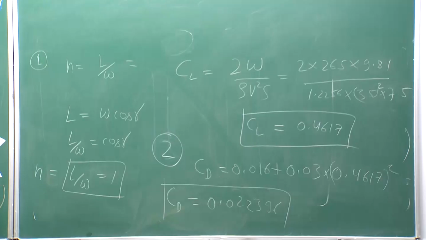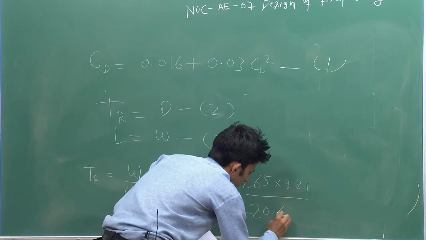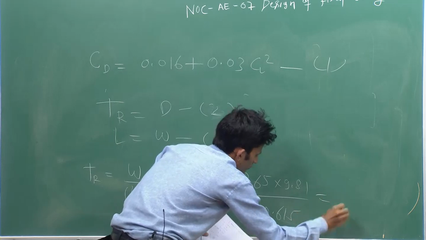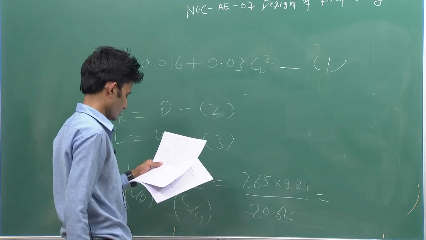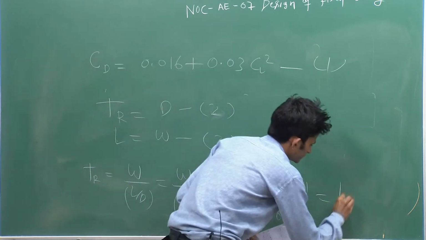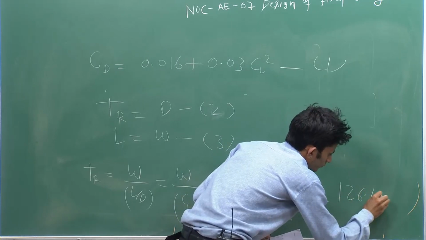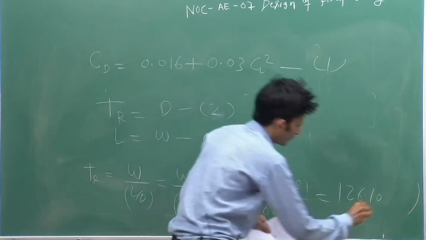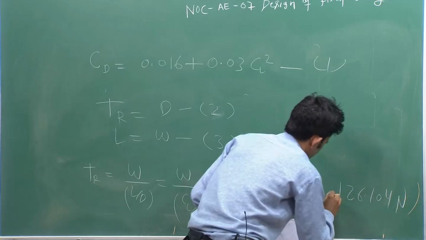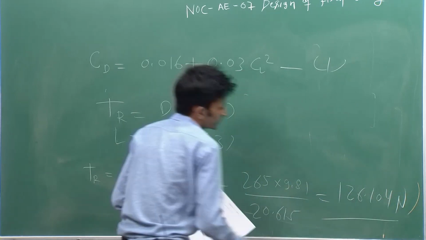CL you know is 0.4617 and CD you know is 0.022396. When you divide CL by CD, you will get approximately 20.615. So your thrust required will be 126.104 Newton.